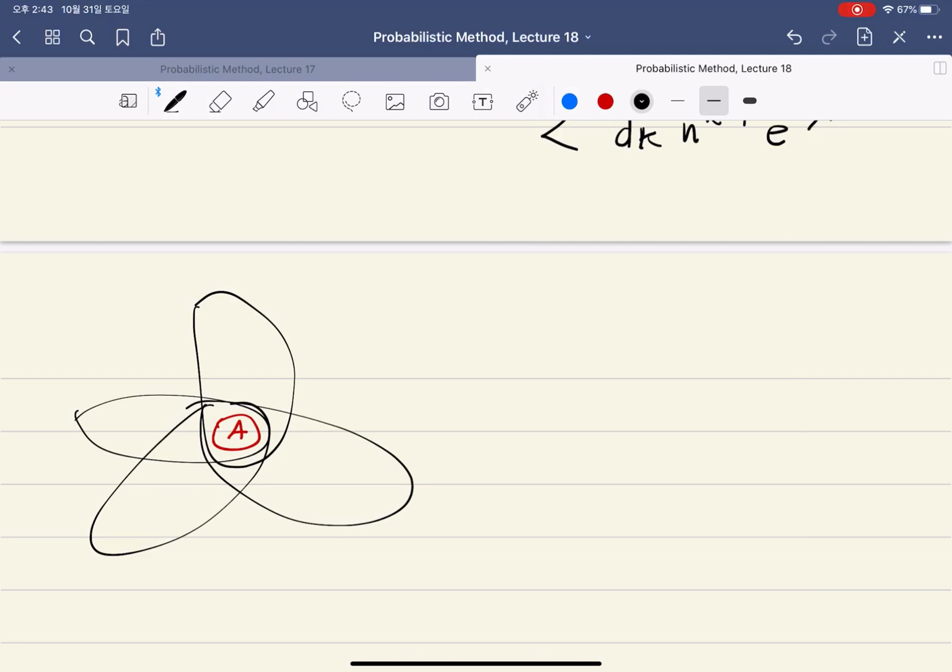If changing one can cause a lot of difference, then it's not good for us. So changing one, we want to make sure that it doesn't cause too much trouble.